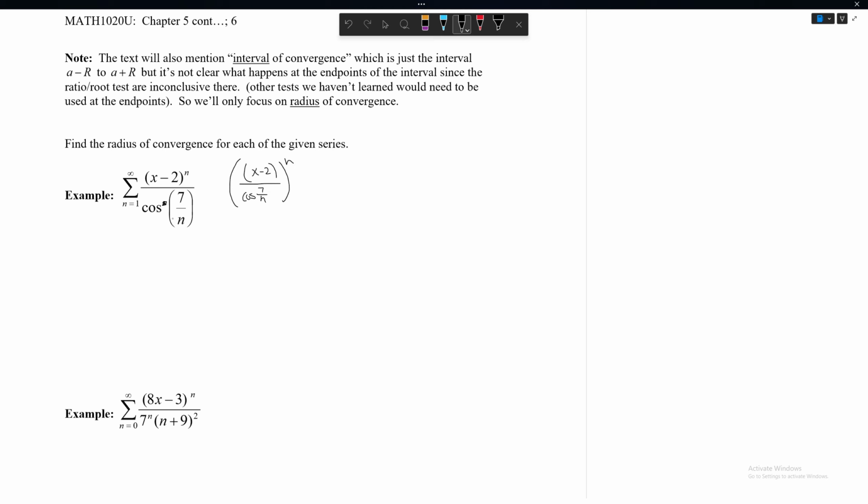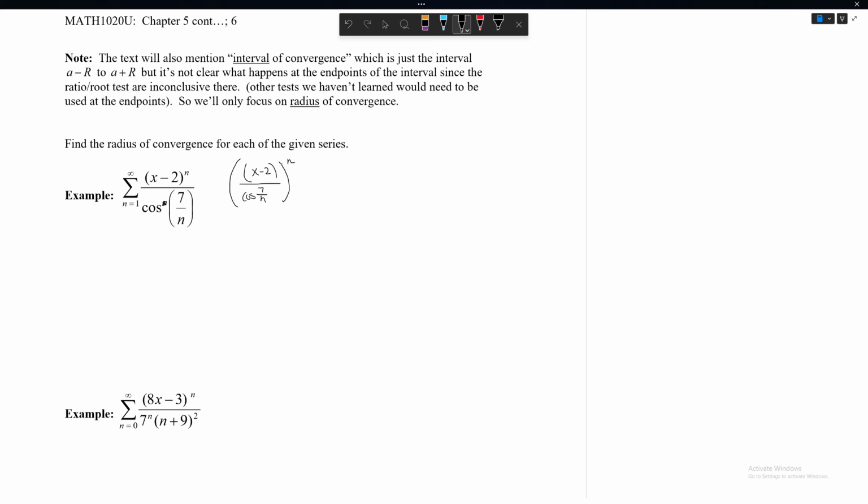If your whole numerator and your whole denominator are to the n, then you could do this whole thing to the n. Remember, when I do 2 over 3, let's say, to the power 2, and you apply your square in, you'll square the top, which is 4, and square the bottom, which is 9. Same thing here. I just raise it all to the n. This is to the n, and this is to the n. So I hope that gets the idea across.